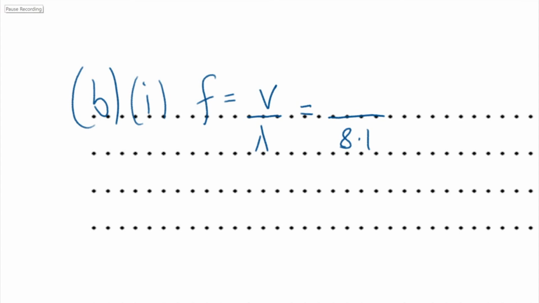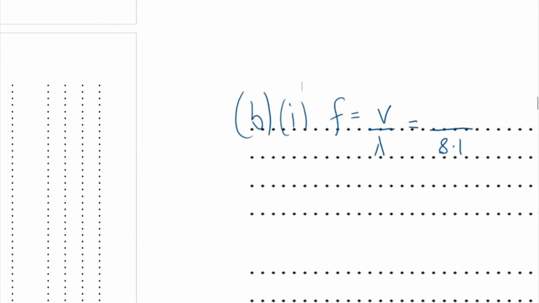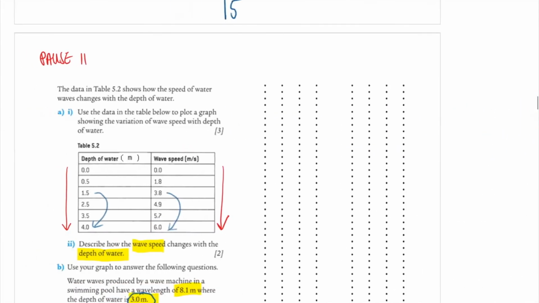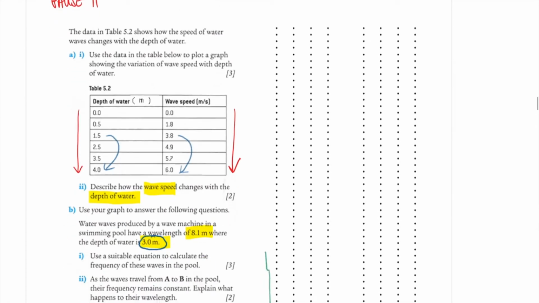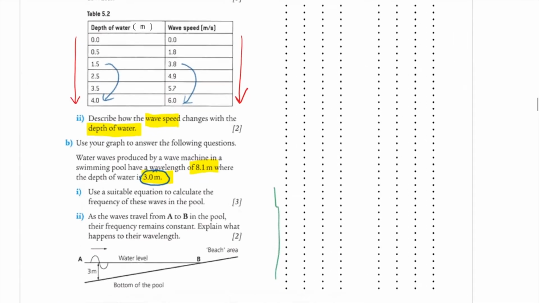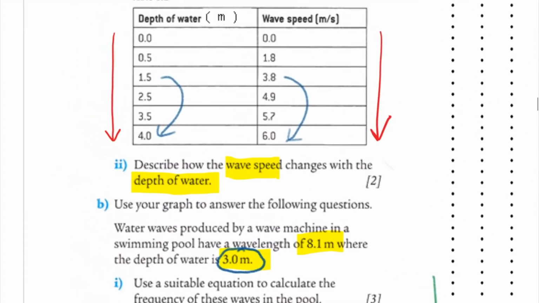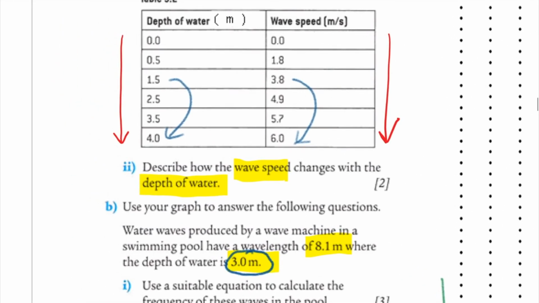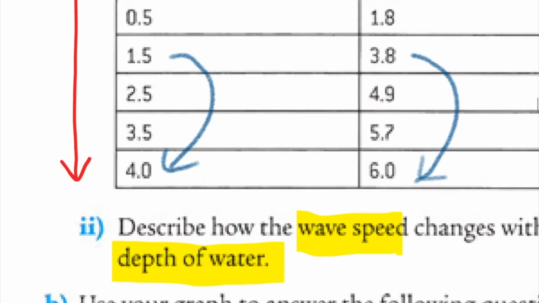But what we do know is the depth of the water. And if we know the depth of the water, by using the graph we can work out the speed. Even though, of course, if we look at this table, it doesn't tell us what the speed is when the depth of the water is 3.